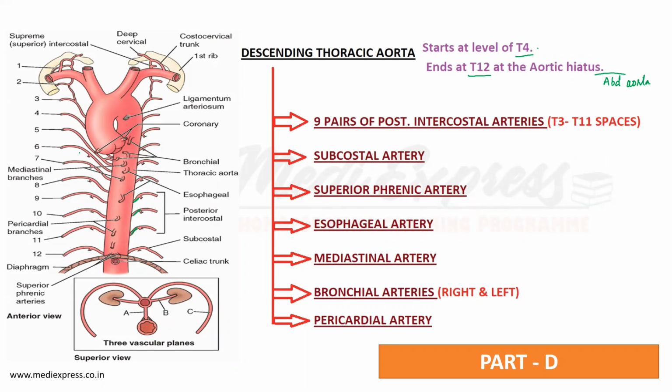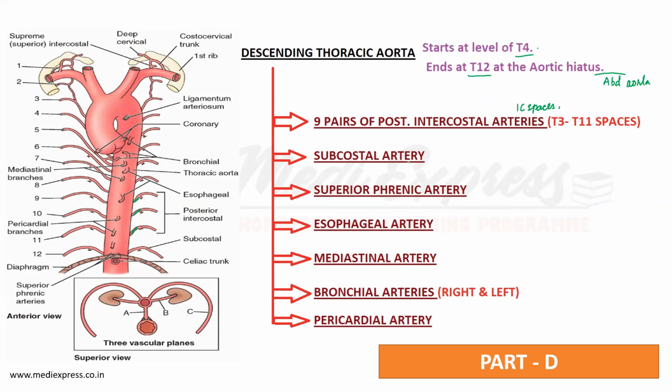We have 9 pairs of posterior intercostal arteries. Now remember, these are small paired arteries, and they supply the intercostal spaces. With the exception of the first and the second, this one you need to remember.